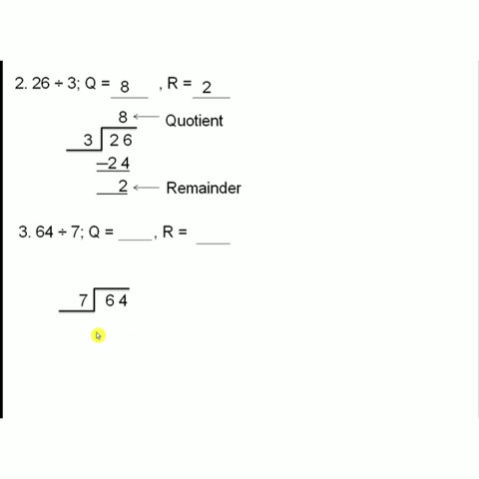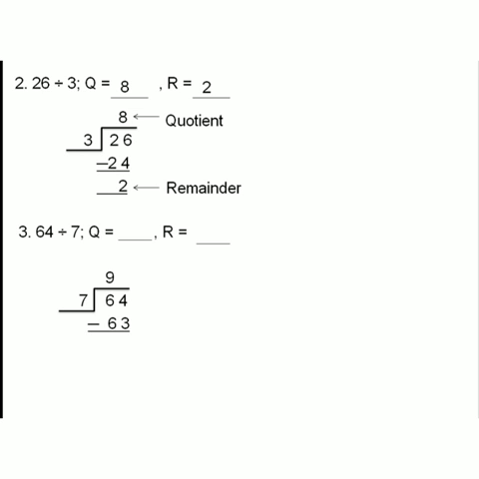Write 7 below, and the quotient is at the top. Now we will use the table of divisor 7. Write the nearest multiple of 7 in the dividend 64, which is 7 9s are 63. We will write 9 on the top, which is the place for quotient, and 63 comes below.